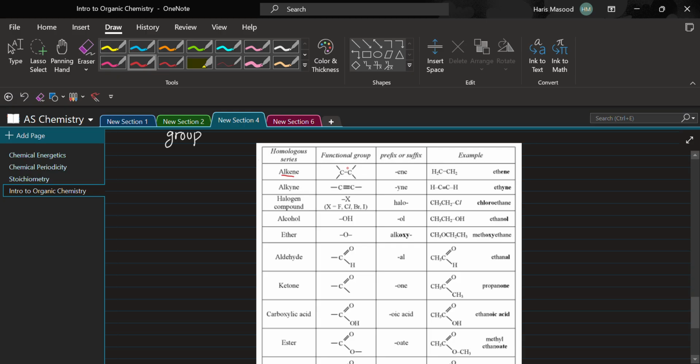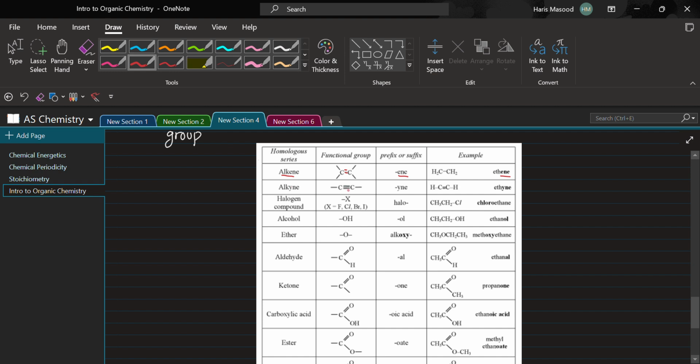Alkene has a functional group, it is sort of very shortly written. It is a double bond between it. And it is a prefix suffix, means that every alkene ends with an ene. So you have ethene, then propene, then butene, and so on.